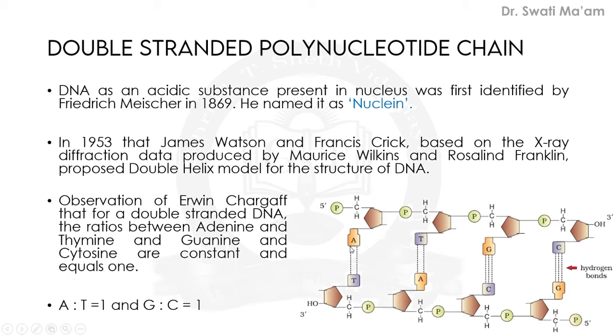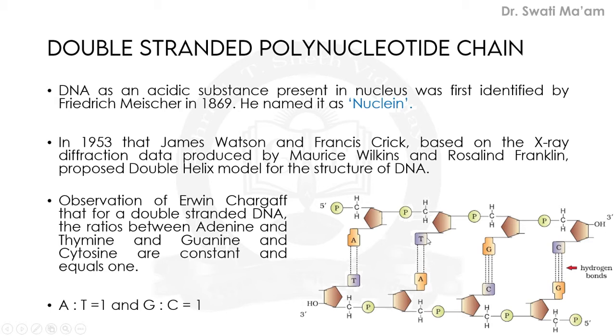How are these polynucleotide chains connected? They are connected by weak hydrogen bonds. Three weak hydrogen bonds are formed between cytosine and guanine, and thymine and adenine have two weak hydrogen bonds.